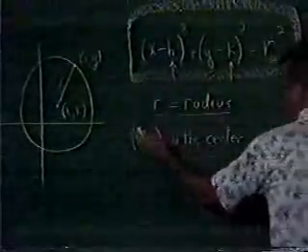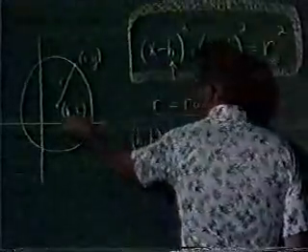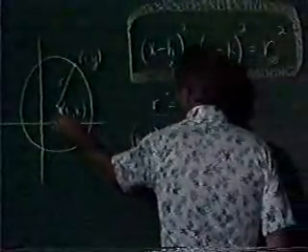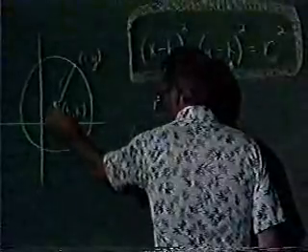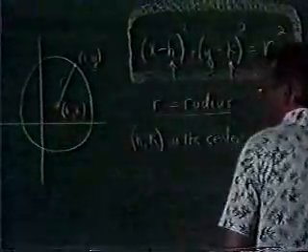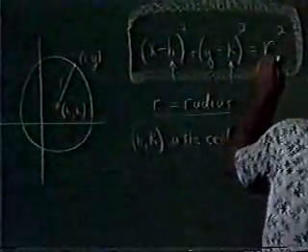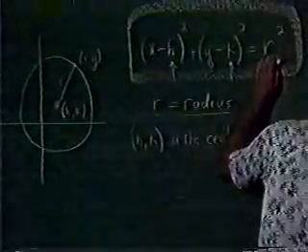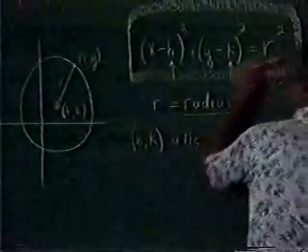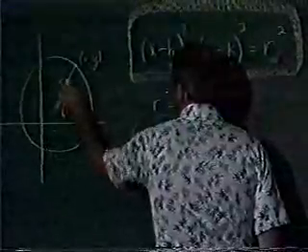Looking at the graph there, this h and k is the x and y value of the center of the circle, where this number squared happens to be the radius of that circle.